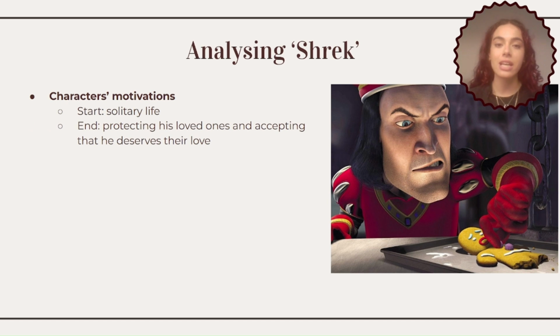However, as the text progresses, he ends up being motivated by the desire to protect his loved ones, okay? He is then able to accept the love that they give and feels more deserving of it, okay? So he goes through a little journey internally in terms of his motivations, and that is always the case. Characters really don't stay static, right?